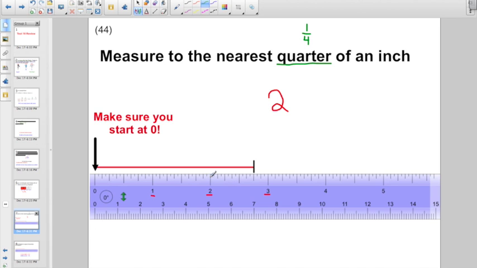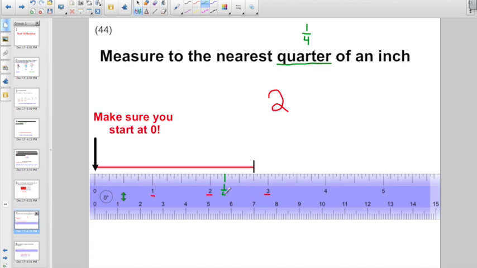Do you notice that these lines are all different lengths? So right here, if I go 1/16, 2/16, 3/16, here is the longer line. That is 1/4 right there for us, right?